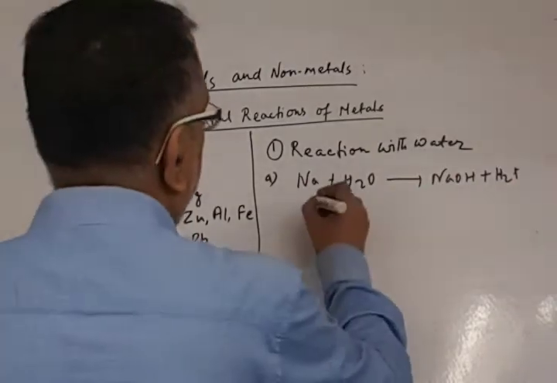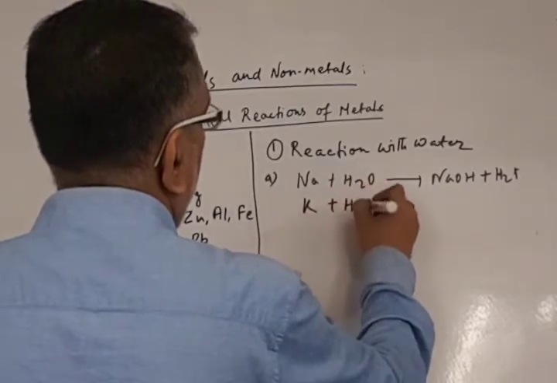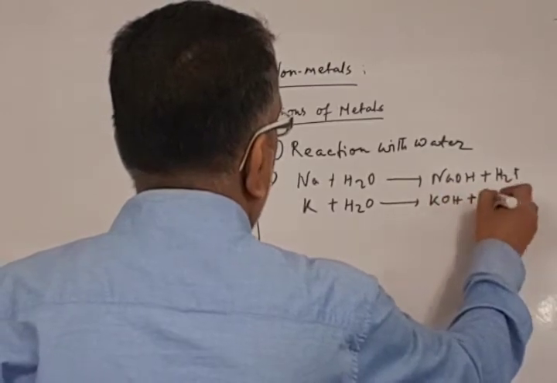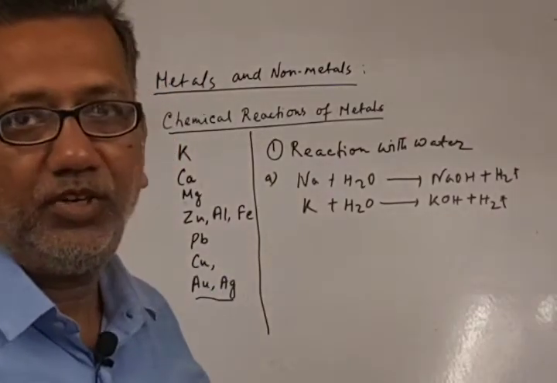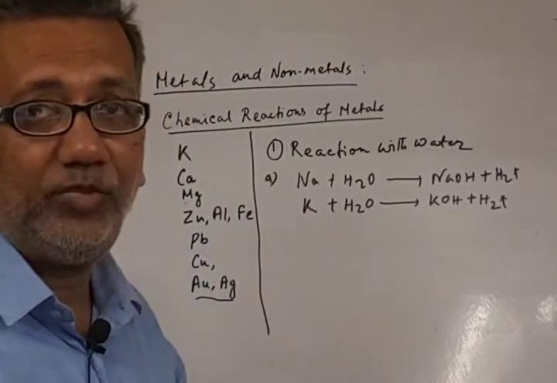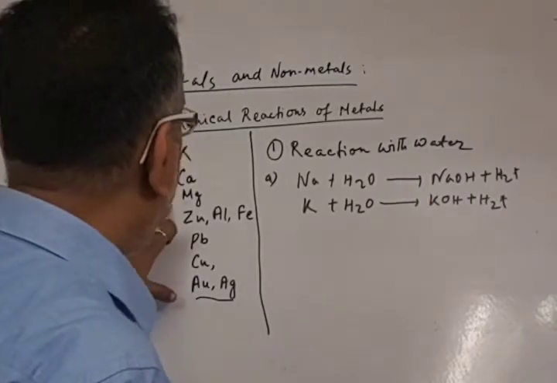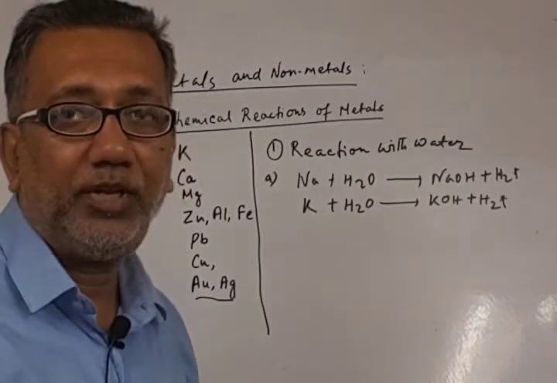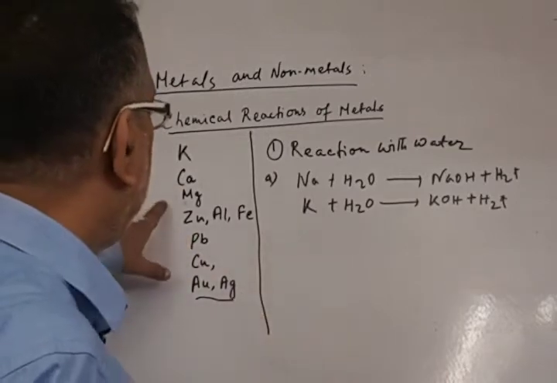In the case of potassium the same reaction takes place: K plus H2O gives KOH plus H2, and the hydrogen gas catches fire because it is a highly exothermic reaction. But this vigorous reaction gradually becomes less vigorous as we go down the group.